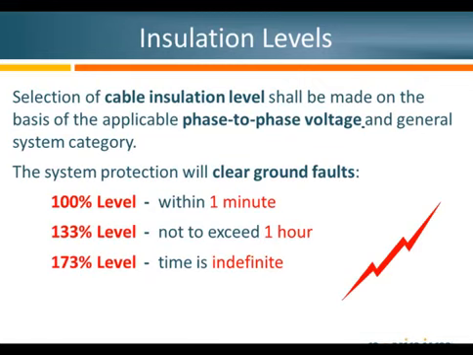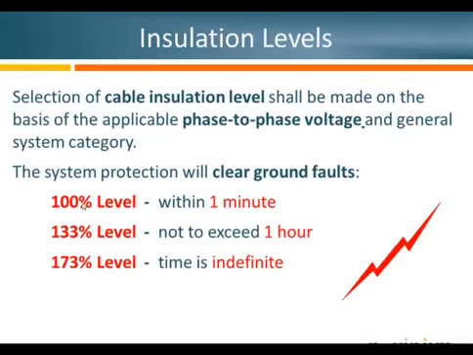In that case, 100% level insulation is recommended. If you're going to leave the fault current on for longer than a minute, up to an hour, it's recommended that you have 133% insulation. Or if you're going to use an ungrounded delta type configuration on the transformer, where you can have phase-to-phase voltage on the phase-to-ground system indefinitely, then it's recommended that you use 173% insulation level so that it can handle that phase-to-phase voltage on the phase-to-ground system.